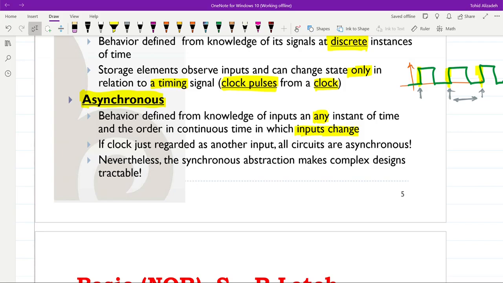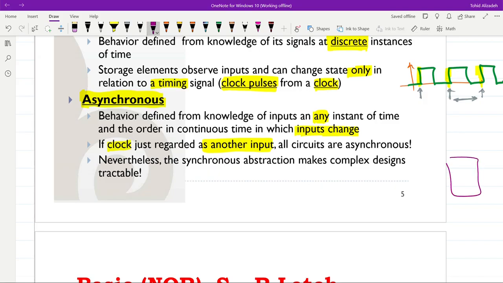If we consider the clock as another input to the system, then we can say that a synchronous system could be considered as an asynchronous system.